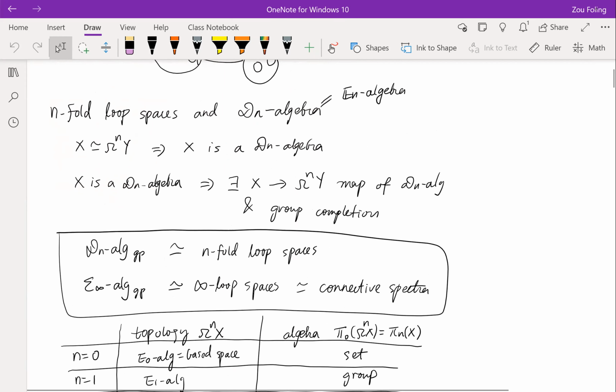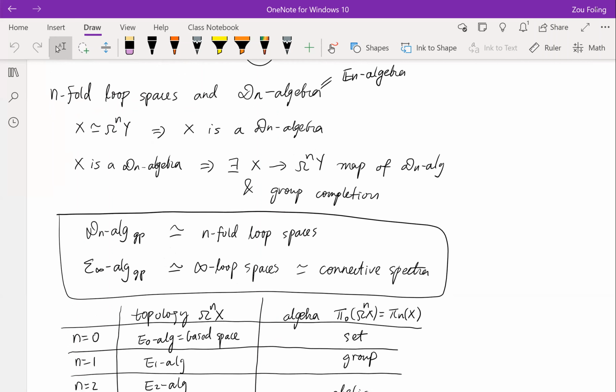Okay, so we said that if X is an n-fold loop of Y, then X is a D_n algebra. And on the contrary, if X is a D_n algebra, then there exists an n-fold loop space Ω^n(Y) and a map from X to Ω^n(Y), which is a map of D_n algebras such that this map is a group completion in some sense.